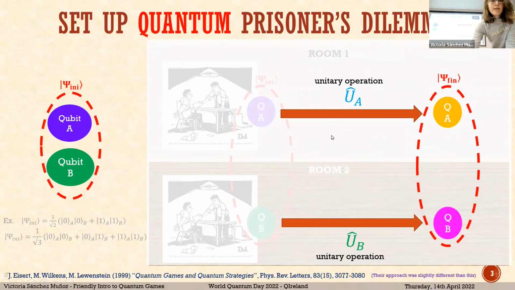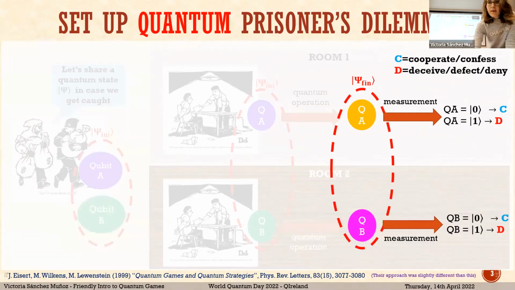If they started here after a quantum operation, they will end up with another final state. Okay, so let's go back. Full picture: after they have their final state, they will both measure it and find if your qubit is in state 0, then you confess. If it's in state 1, you defect, and the same for the second robber.